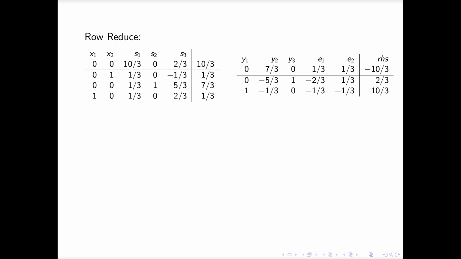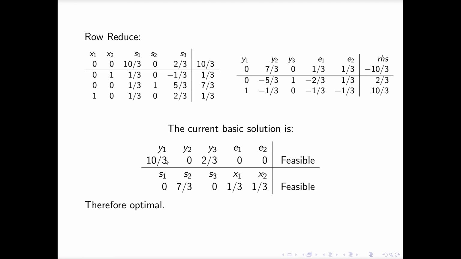Now we're looking up, because on the left we see an optimal feasible solution, and on the right we also see an optimal feasible solution. Good. And so what are these solutions? Y1 is going to be 10/3, 0, 2/3, 0, 0, feasible and optimal.